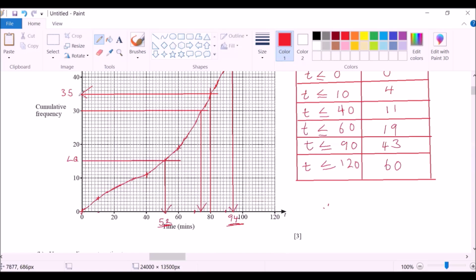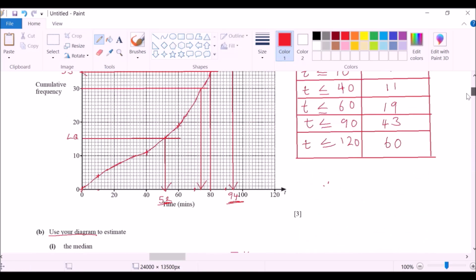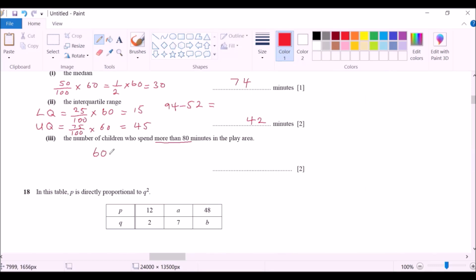But 35 are the ones who spent less because it's cumulative frequency. We want those who spent more, which are above there. So our final answer should be 60 minus 35, which will give us 25. So our answer is 25.